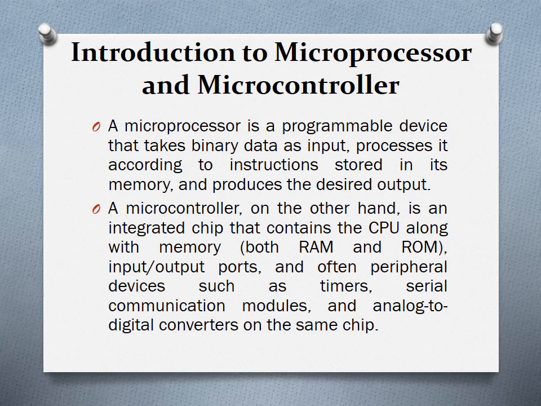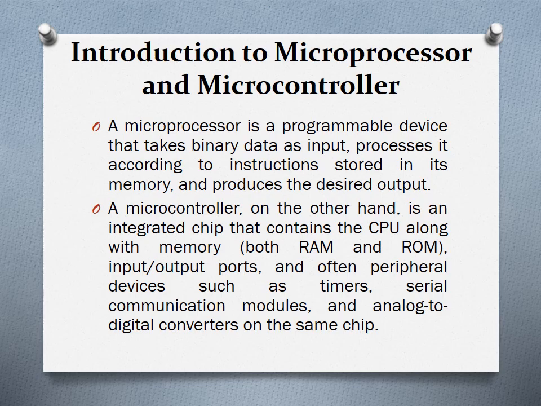To start with, we'll see what a microprocessor and a microcontroller are. A microprocessor is a programmable device which can take binary input and produce a binary output, and it should be programmed accordingly. In the case of a microcontroller, there will be some memory internally in a single chip, such as random access memory as well as read-only memory.